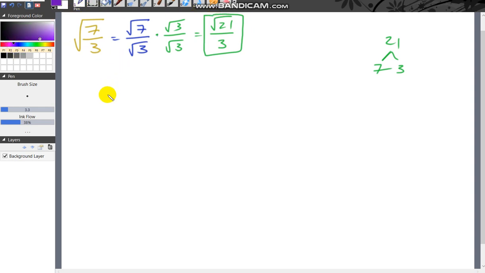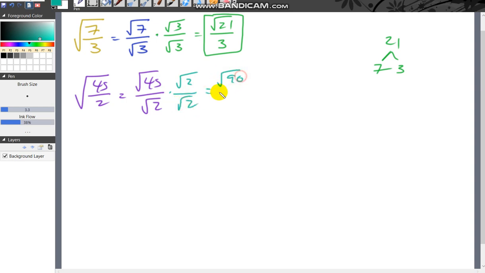All right, next example. Square root of 45 divided by 2. So when we look at something like this, we get square root of 45 divided by square root of 2. Multiply top and bottom by square root of 2. So this is square root of 90 divided by square root of 2 times square root of 2, which is going to be 2. Then 90 breaks up into 10 and 9. 9 breaks up into 3 and 3.